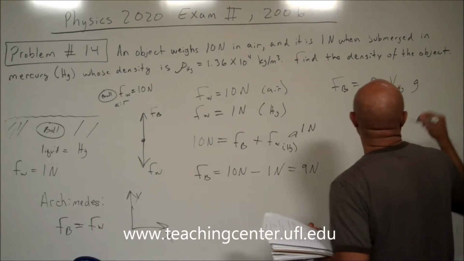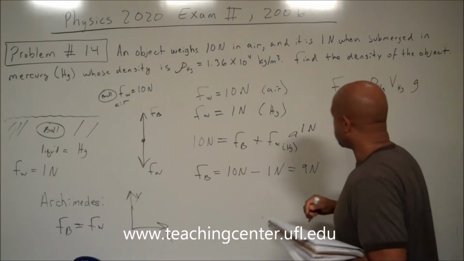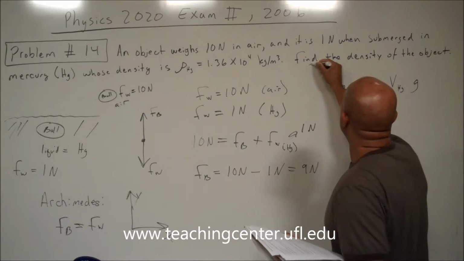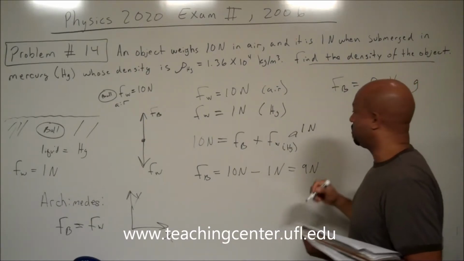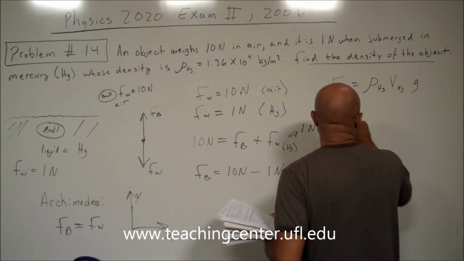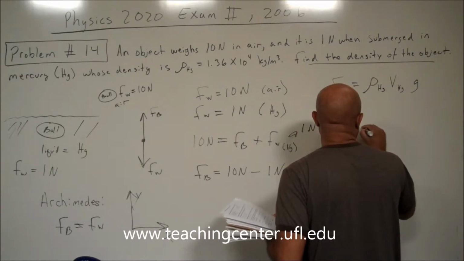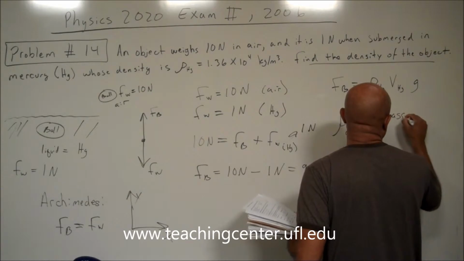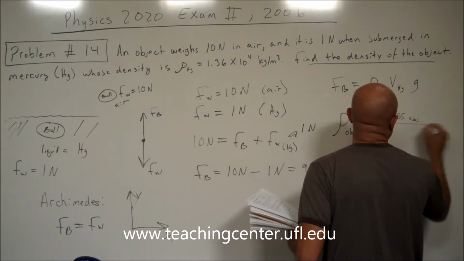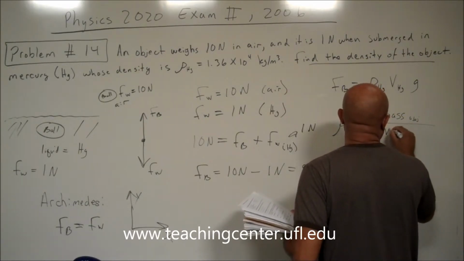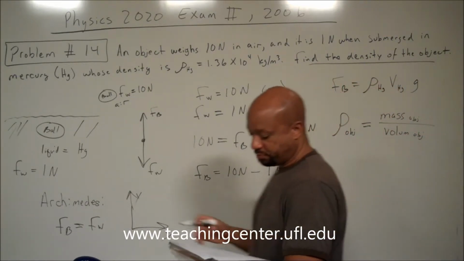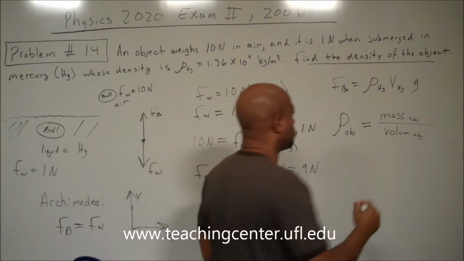Okay? And in this particular problem, we're asked to find the density of the object. Well, we know the density is equal to the mass of the object divided by the volume of the object. Okay, so this is what we're trying to find.